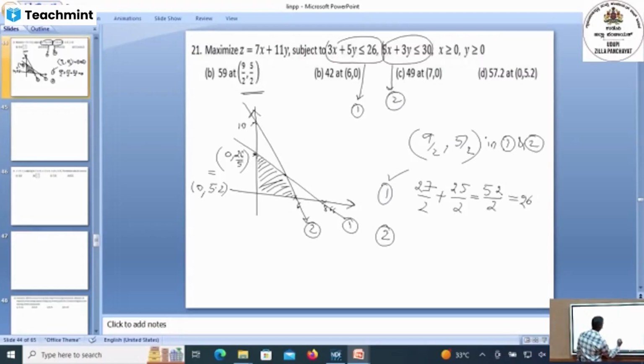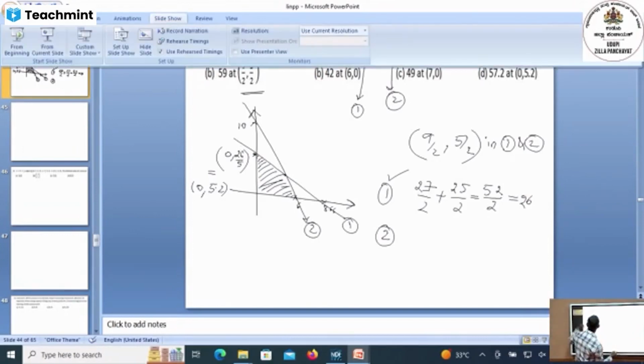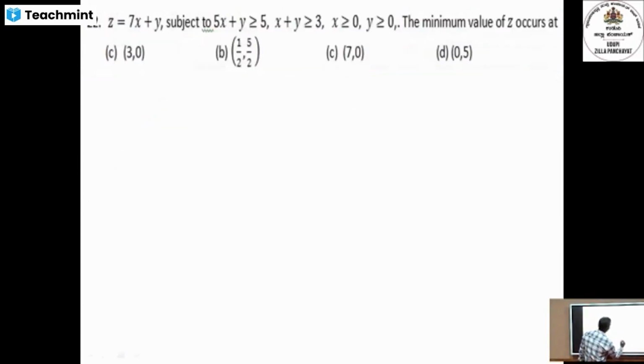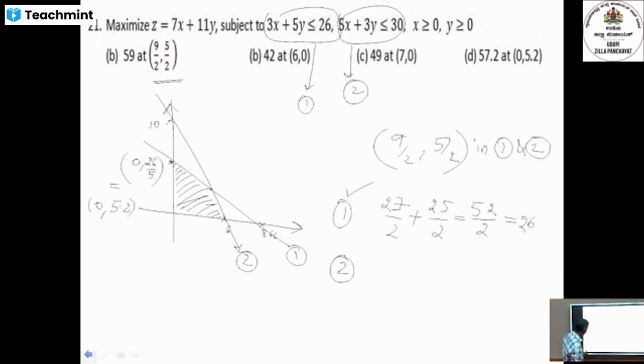If you consider the second equation, that is 5 into 9 by 2 plus 3 into 5 by 2.